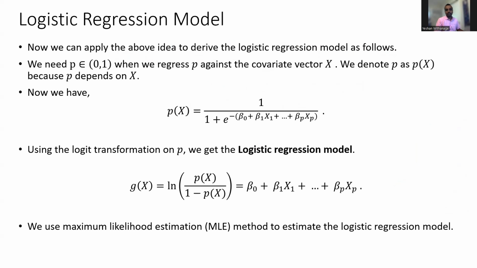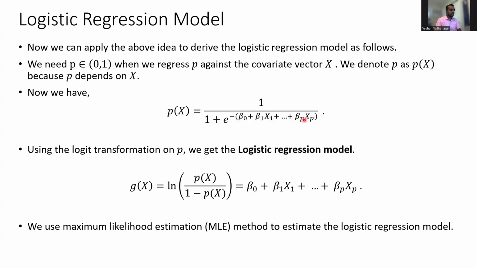By using the logit transformation, we can get the logistic regression model, which can be estimated using the maximum likelihood method. The maximum likelihood method is beyond the scope of this lesson, so I will not discuss the maximum likelihood estimator here. If you are wondering how I got this one, it is like this.